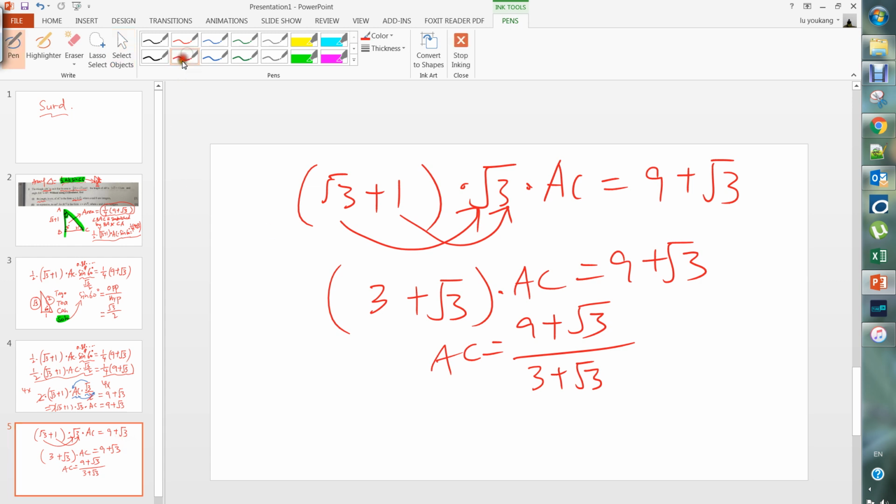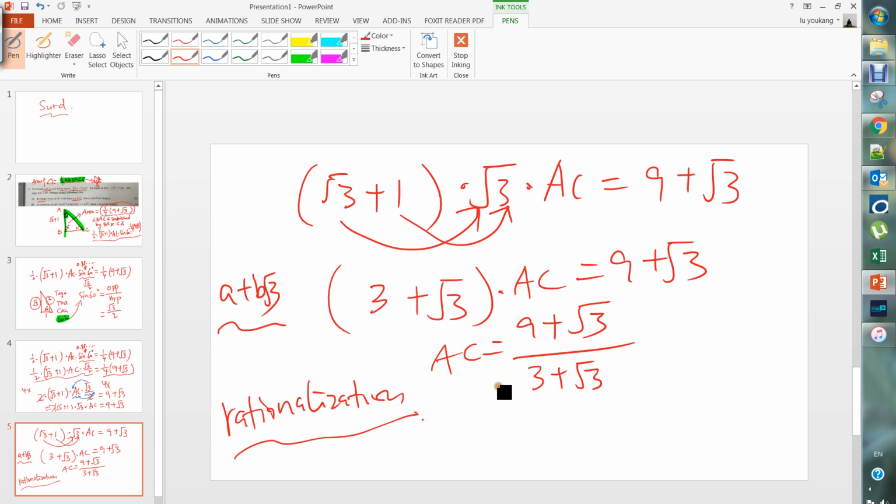So you need to express it in a plus b square root 3 form. This means you need to learn about how to do rationalization. It means you need to rationalize the denominator.